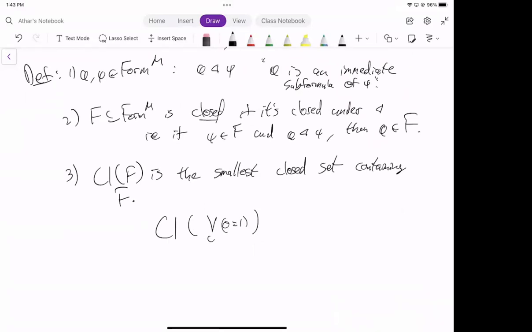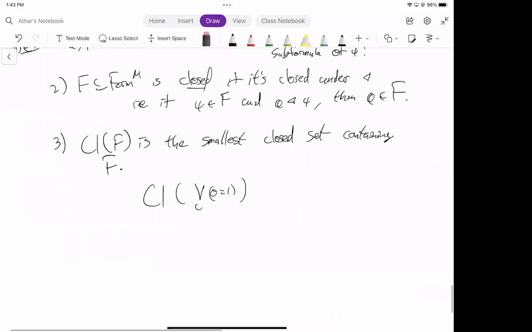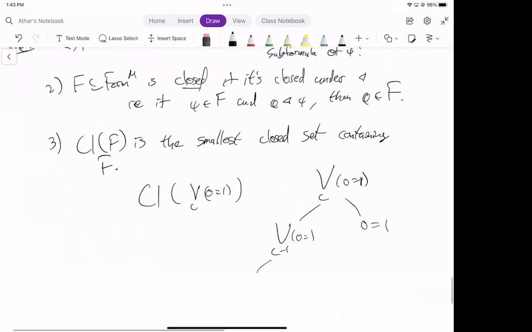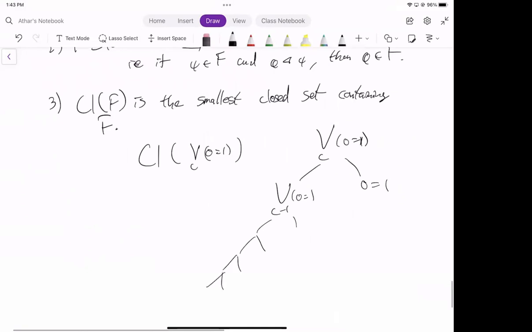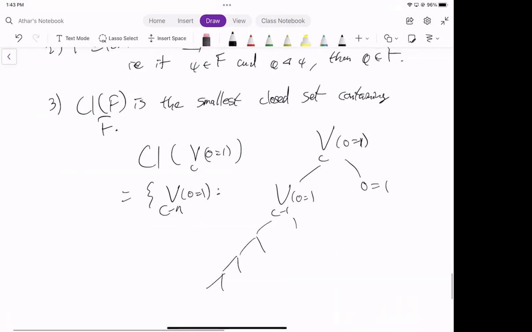For example, if I have some disjunction of some length c of 0 equals 1, and you look at the syntax tree for this, it's going to be a very left-branching tree. It will just be all the finitely many steps you can step down from this formula for n in omega, plus the rightmost disjunct, which is just the 0 equals 1 itself.